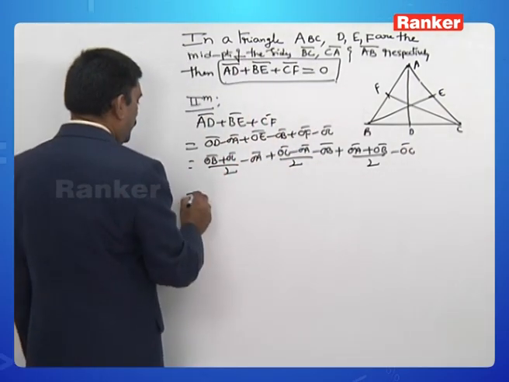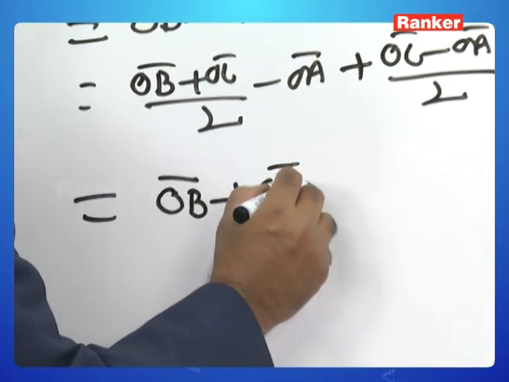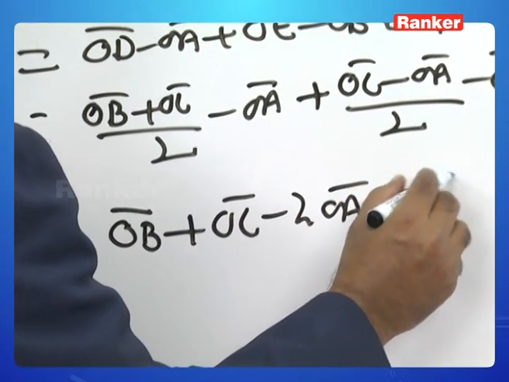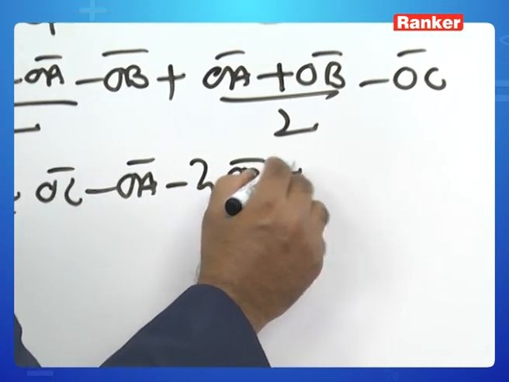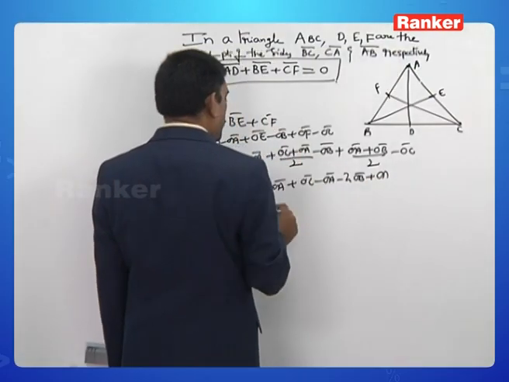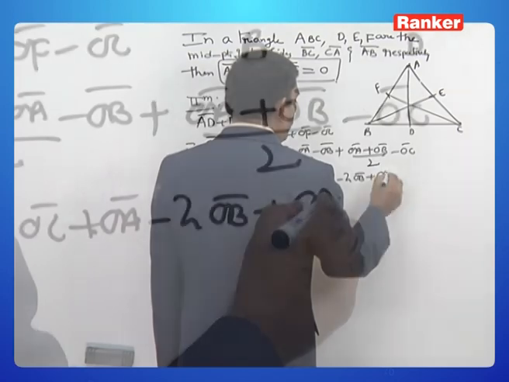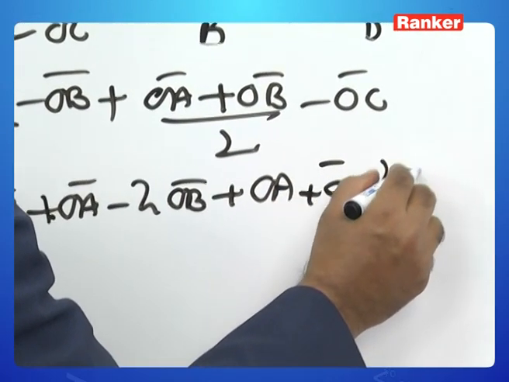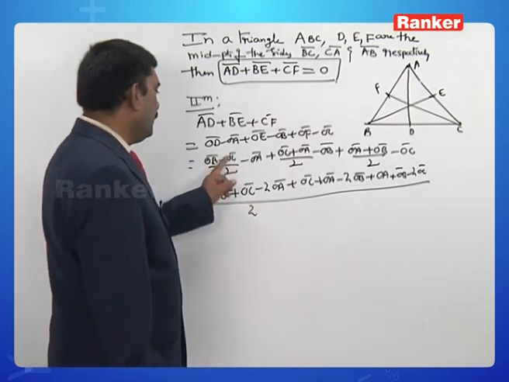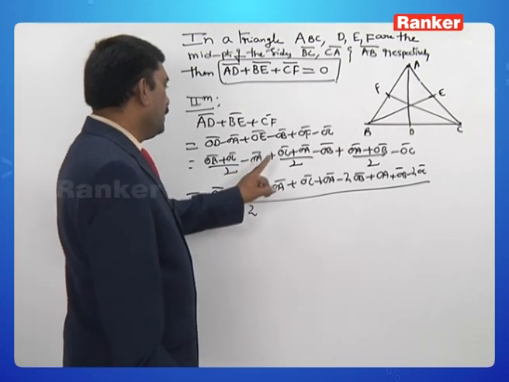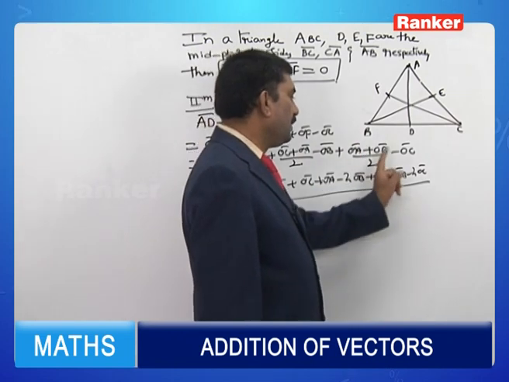So therefore, I can write this as, taking LCM, OB bar plus OC bar minus 2 OA bar, OC bar plus OA bar minus 2 times OB bar, OA bar plus OB bar minus 2 times OC bar, whole divided by 2.